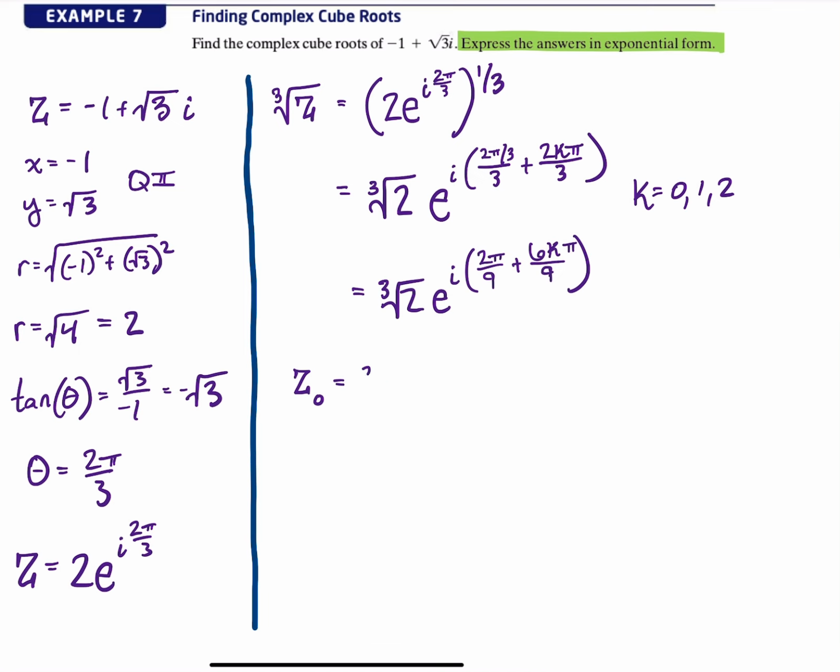So cube root of 2 times e to the power of i 2 pi over 9. Plus 0 technically. I guess I can write that out. So cube root of 2 times e to the power of i 2 pi over 9.